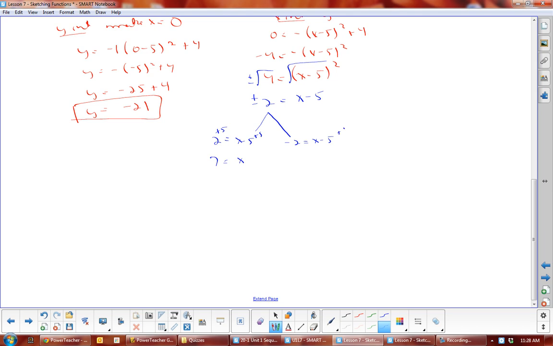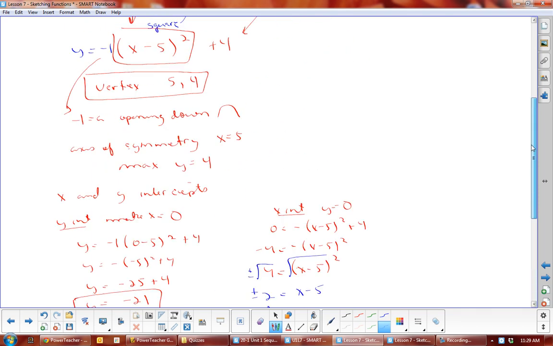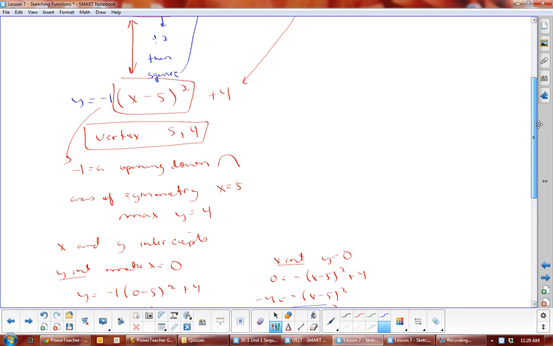This one here, add 5, and you get 3 equals x. Okay, so going back to the y-intercept, this would be 0, -21. Right, that is the point that we're going to graph. The 7, 0 and the 3, 0. Okay, so I kind of left room on the side here. Let's try and graph this.